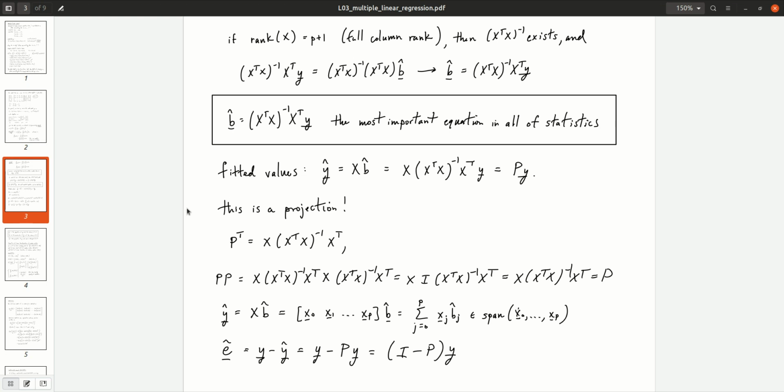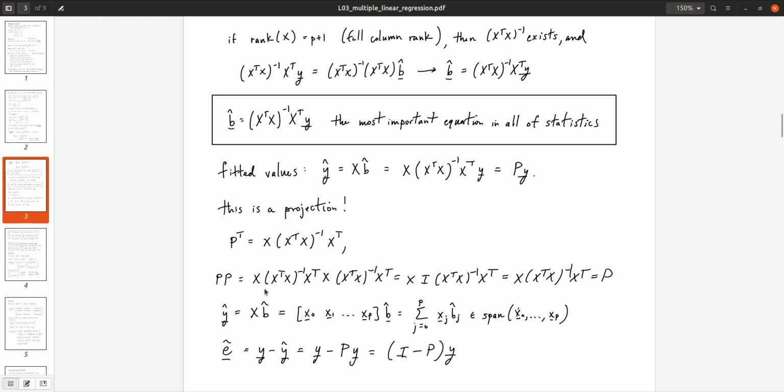Now, the next thing to do is to verify that it's idempotent, which you do P times P and verify that that equals P. This one's kind of fun. So P is x transpose x inverse x transpose, and then P again is x transpose x inverse times x transpose. So if we stare at this equation, something interesting happens.